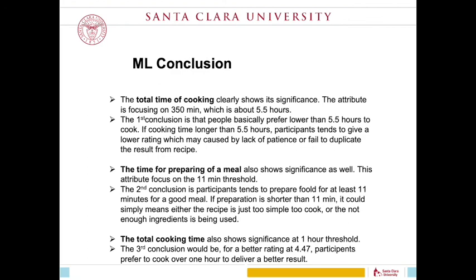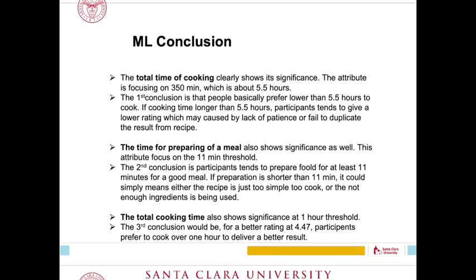And the third one would be the total cooking time. Follow a recipe that takes at least 1 hour to cook. There's a general idea that when you cook longer than 1 hour, you can deliver better results, so your food can absorb more.